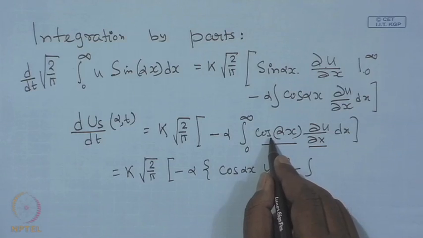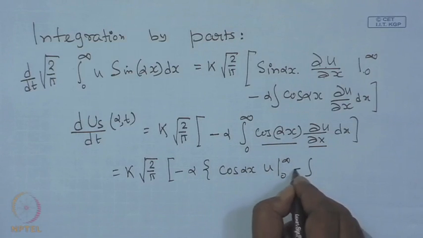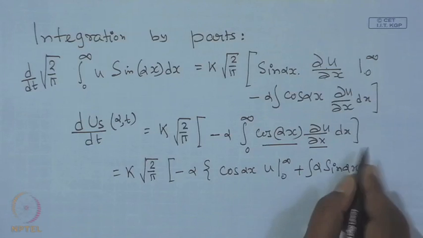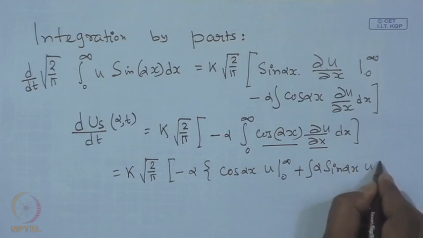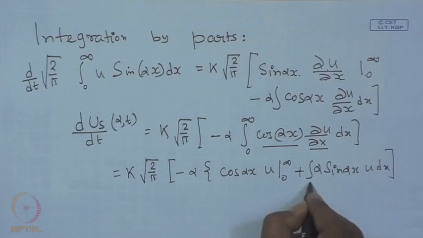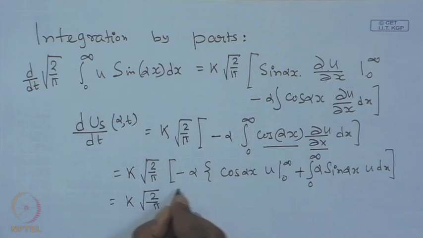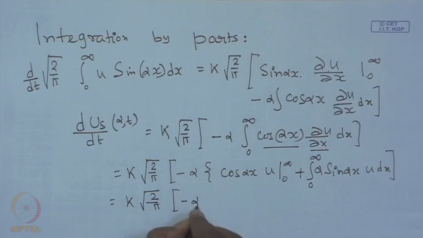So, this will be minus alpha sine alpha x, minus minus plus alpha sine alpha x, and integration of the second function, that is u dx from 0 to infinity. So, k root over 2 by pi, this will be minus alpha.